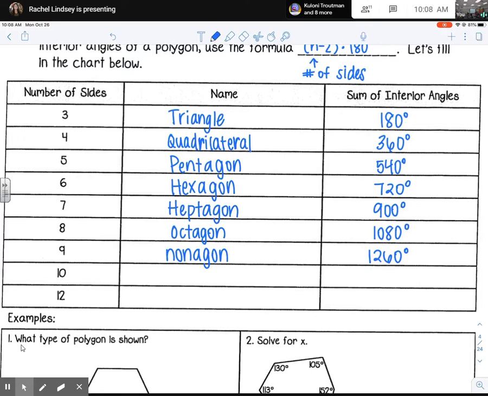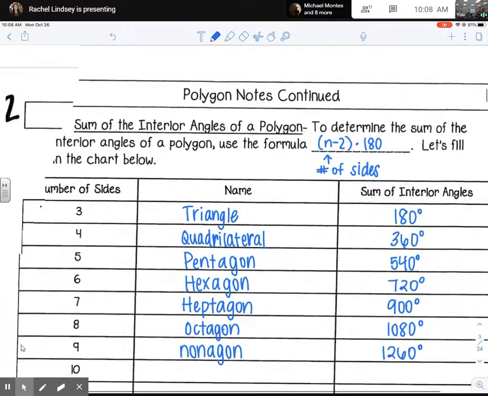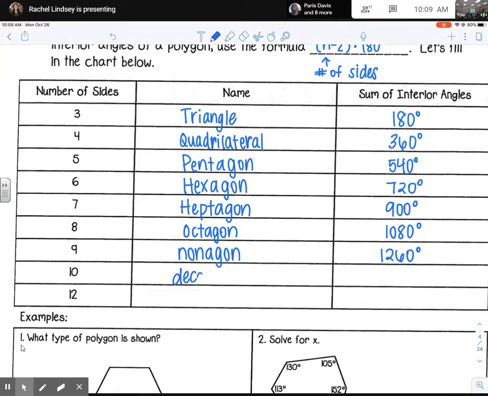Okay, anybody know what a 10-sided shape is? The decagon. What's the next one? I can't remember what an 11-sided one is, because it's some long name, but normally after 8, they start calling it a 9-sided polygon, a 10-sided polygon, 11-sided polygon, and so on.